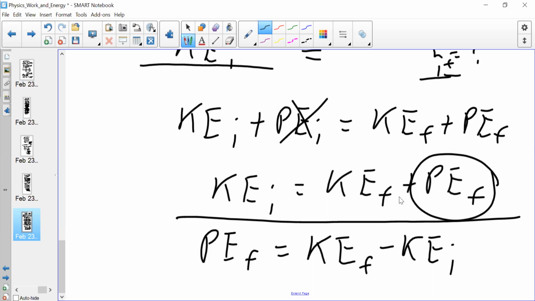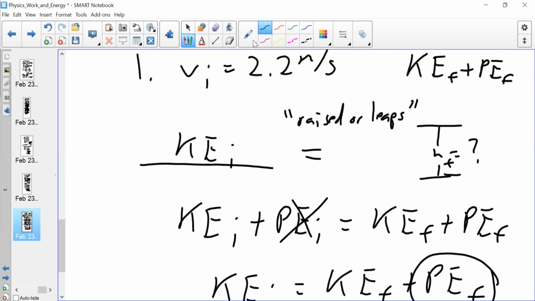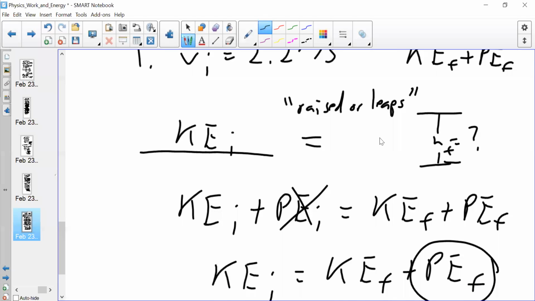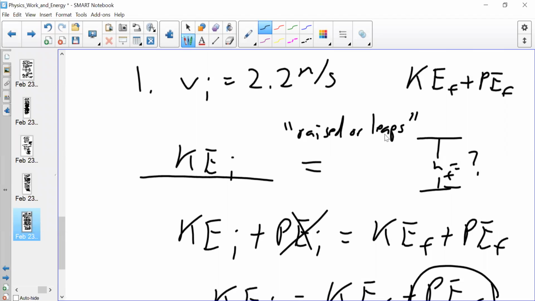Okay, let me pause here a second and take a look back at that. Yeah, actually this problem's a little bit misworded. So what I want to say here is that the runner's speed is 2.2. So in the beginning, he just has kinetic energy. There is no height.